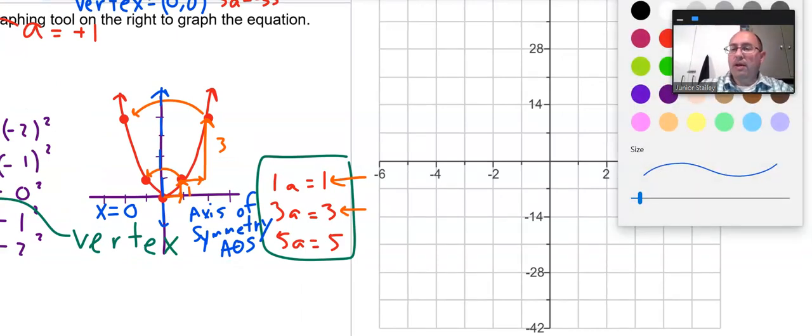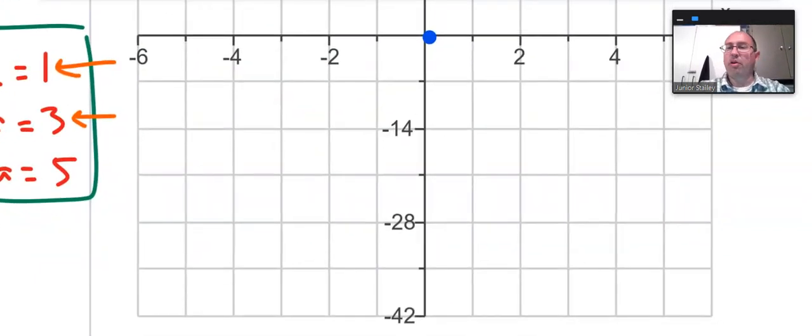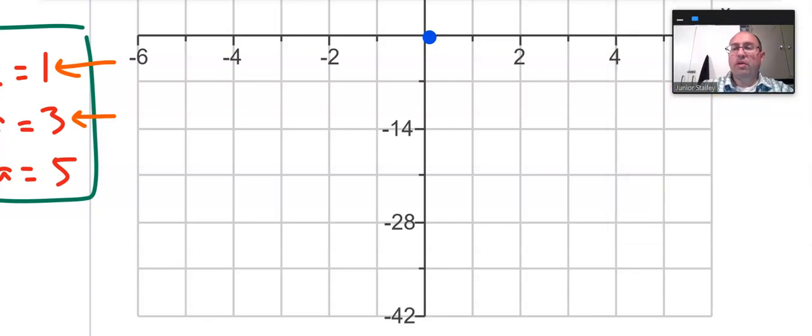Now, we know we're starting at 0, 0. Sorry, I accidentally missed. And we know this thing's opening down, so maybe I should zoom in just on that part. That way I can hit it better. All right, now, if I go 1 unit to the right, according to this, and I might want to change it up to a different color. If I go 1 unit to the right, I'm supposed to drop down 7 units.